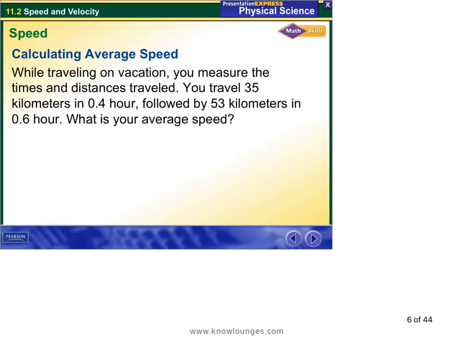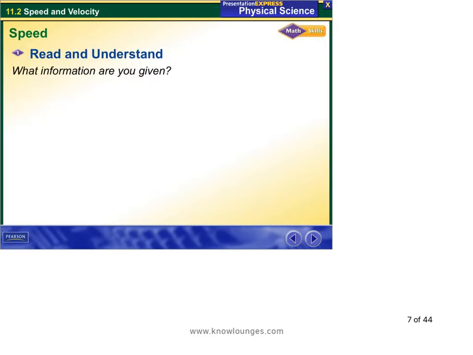Then we're going to be looking at some calculation problems dealing with average speed. Here we travel 35 kilometers in 0.4 hours, followed by 53 kilometers in 0.6 hours. What's your average speed? As we always do, we're going to want to write down some information.